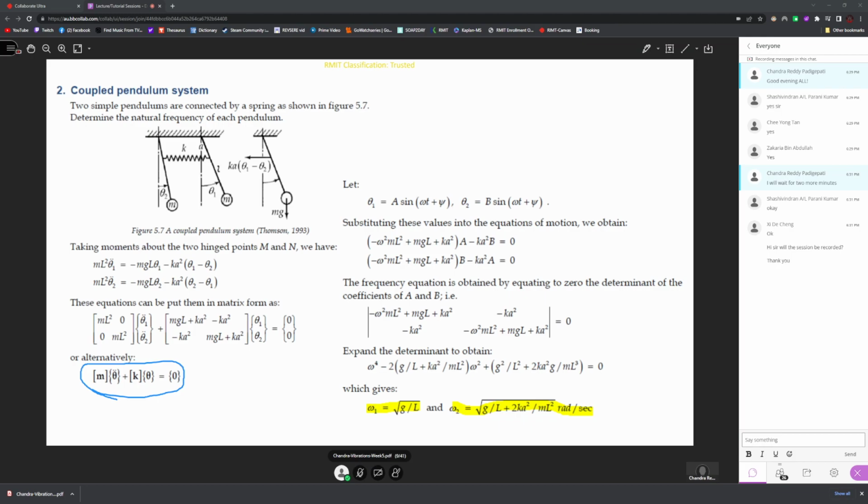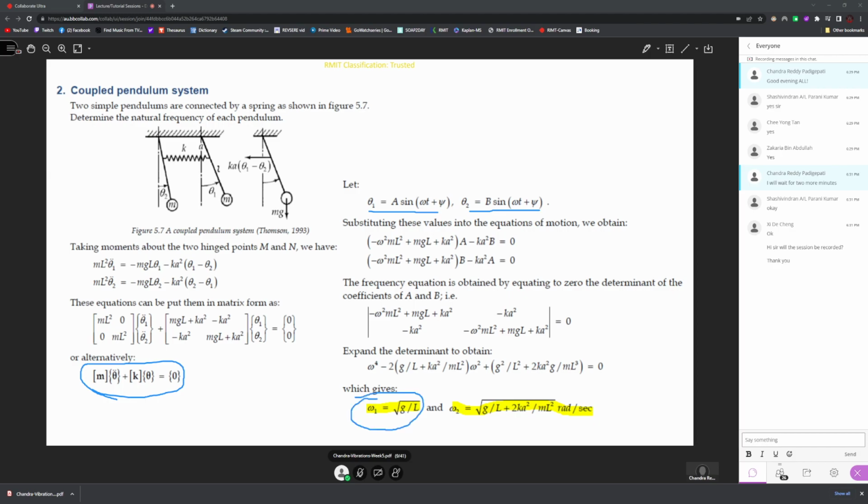You can solve the equations by taking theta 1 in this format and theta 2 in this format, and again you can solve the resulting 2 by 2 determinant, and then you will be able to get the two natural frequencies for the system.